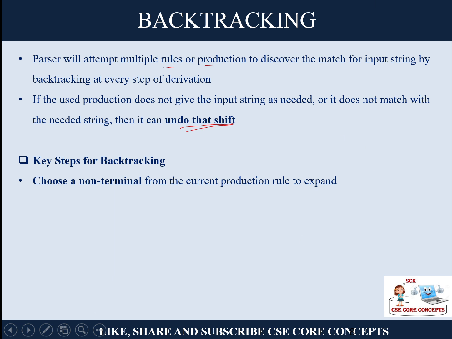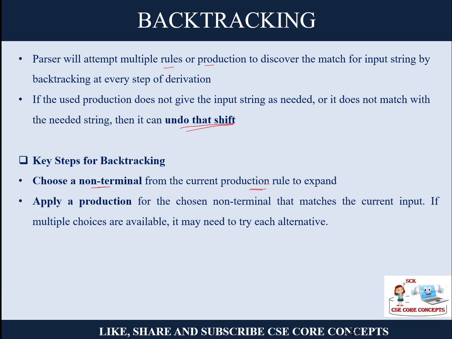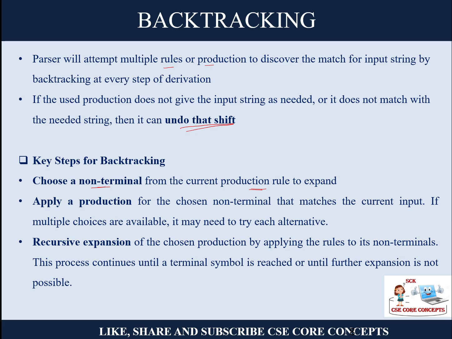The key steps of backtracking are that first you choose a non-terminal from the current production to expand. Apply whichever rule is possible. If you have multiple rules, go by the first rule and apply it. If this rule is okay, or if you can further expand, like we expanded A, then do that and apply the rules.